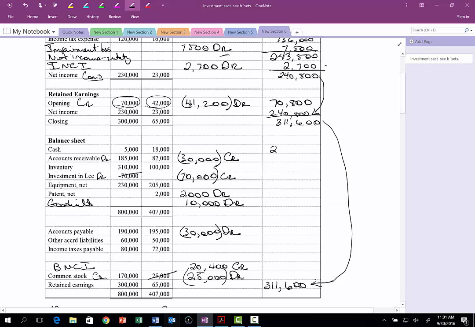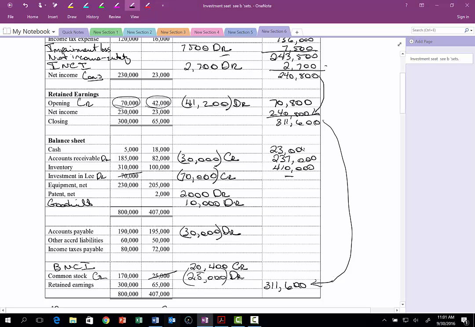So we have cash, 23,000. Accounts receivable, we have 185 plus 82 minus 30, so 237,000 in accounts receivable. Inventory should be 410, no adjustments to it. Remember, we have no adjustments to inventory because that inventory has long been sold back in year 4, and we're doing this in year 7. The investment account has, of course, been eliminated.